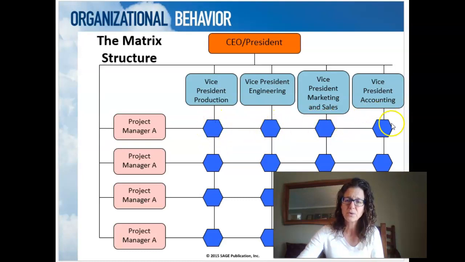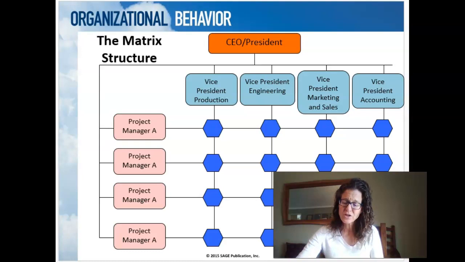All of these blue hexagons represent cross-functional teams that enable the organization to bring together individuals from different functional areas into a unique team. And so this organizational structure enables structures to respond much better to external changes by collaborating across functional areas and product areas.